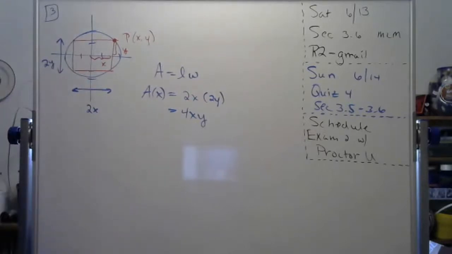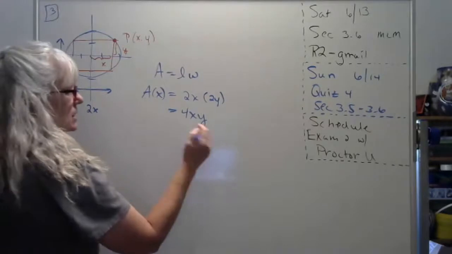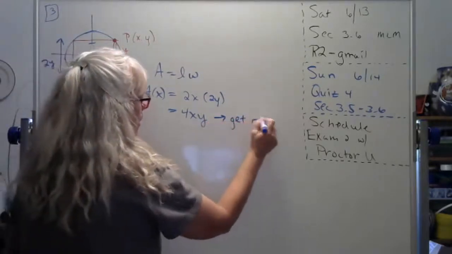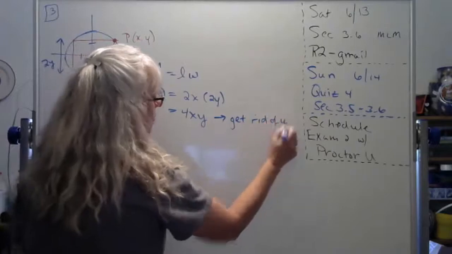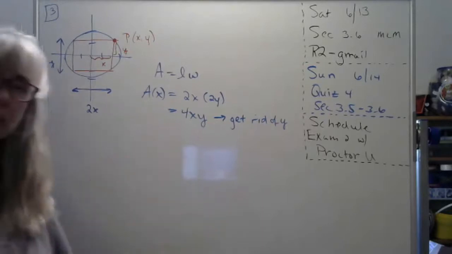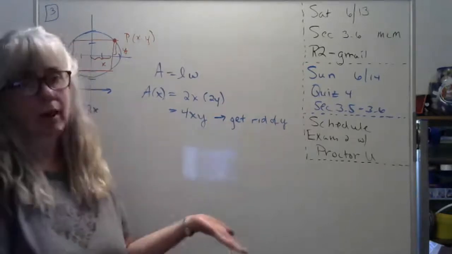Well, that's wonderful. So far, so good. The problem is that, again, they want you to write it as a function of x. So we have to somehow get rid of y. This is the first problem where they didn't give me an equation to help me get rid of the y. So I have to figure out my own equation that I'm going to manipulate to get rid of that y.